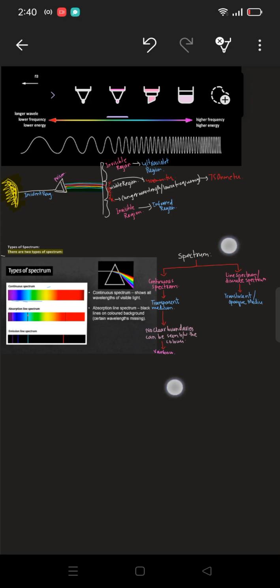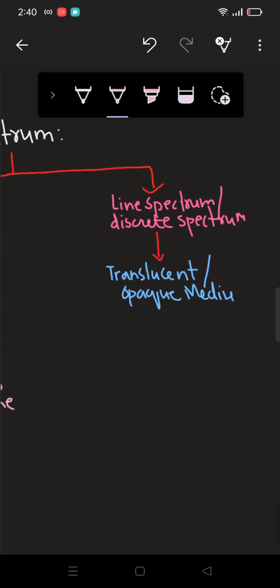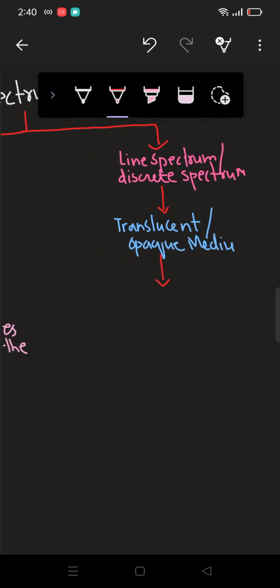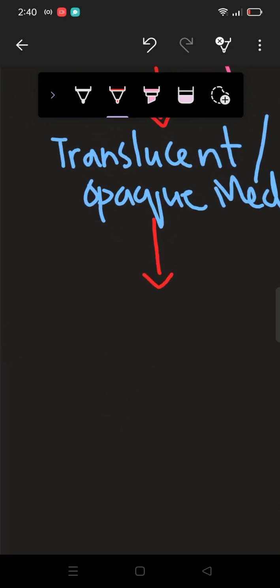Now let me tell you the actual definition of the line spectrum, or discrete or discontinuous spectrum. In the continuous spectrum we could not see clear cut boundaries between the diffused colors. However, in the discontinuous, discrete or line spectrum we can see clear cut boundaries between the colors. Here the colors won't be diffused. It is a type of spectrum which consists of lines with dark or bright spaces between them.